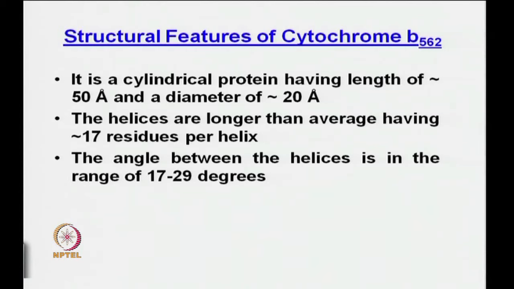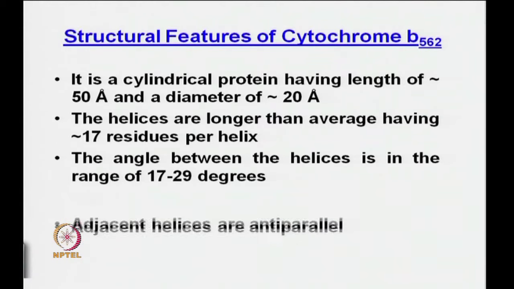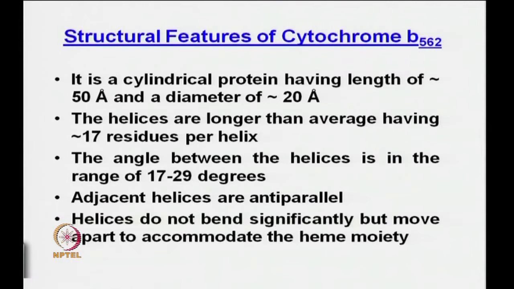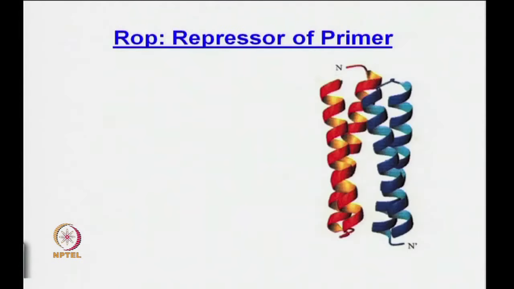This angle is essentially the orientation of these two helices with respect to each other. The adjacent helices are antiparallel, we saw it, and the helices do not bend significantly, but move apart a little bit to accommodate the heme moiety, so that it can come in and be stationed out there.